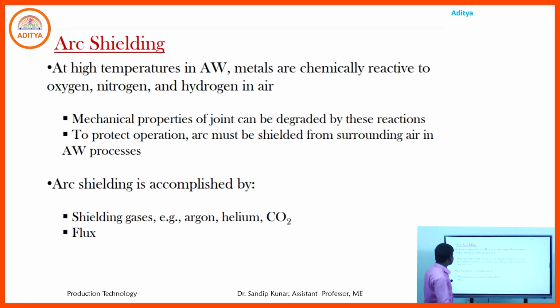Arc shielding. During melting, the parent metal is sometimes chemically reactive with oxygen. Due to reactions, oxides can be created, and the quality of the weld surface will be degraded.